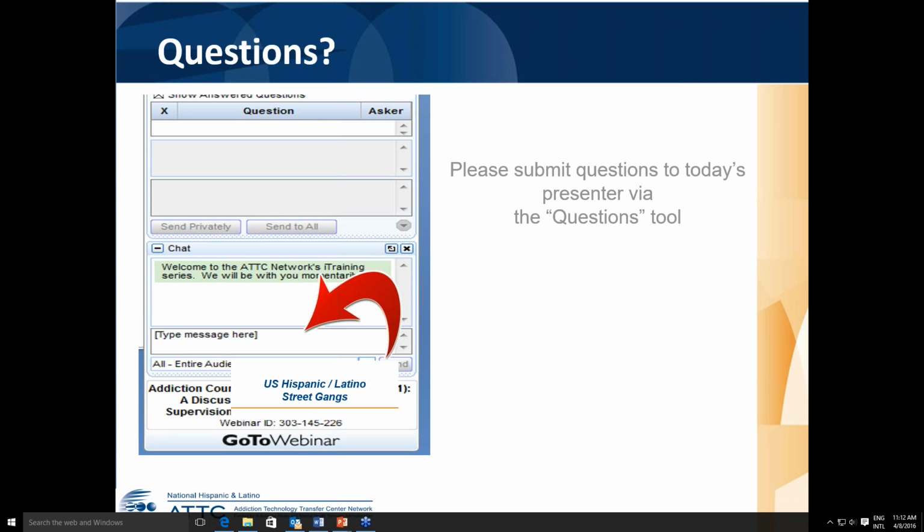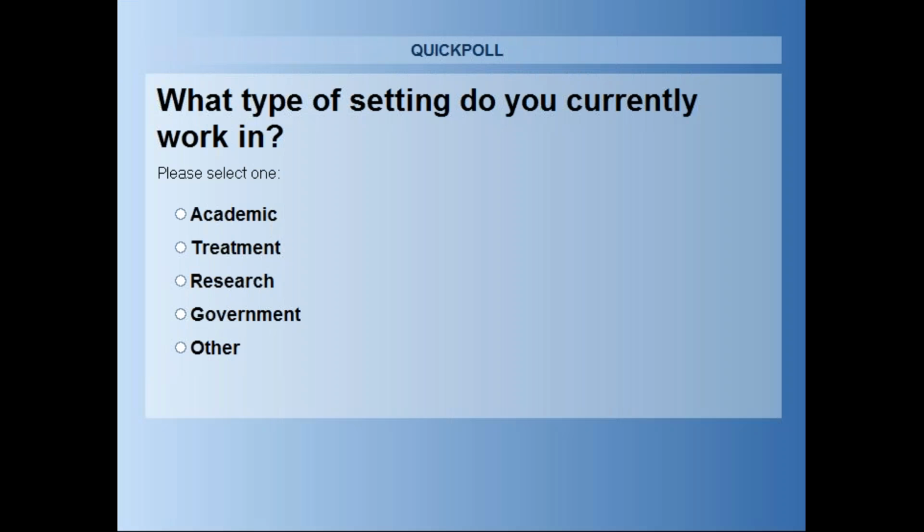What type of setting do you currently work in? Okay, so we have 6% academic, 41% treatment, 5% research, 21% government, and 32% other.